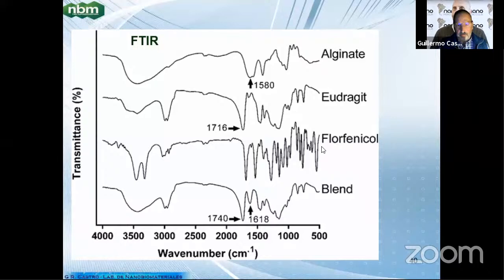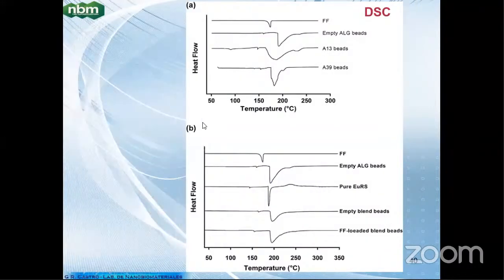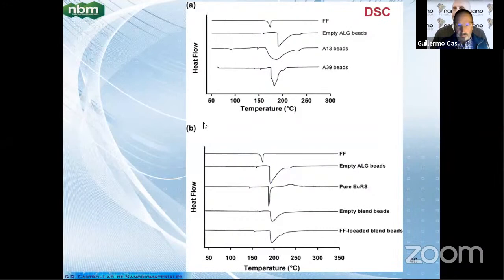It means that some of the structure of the florfenicol is interacting with alginate and with Eudragit, mostly with Eudragit, which is good. We also use DSC, and as you can see, there are changes of the structure of the florfenicol in the blends.